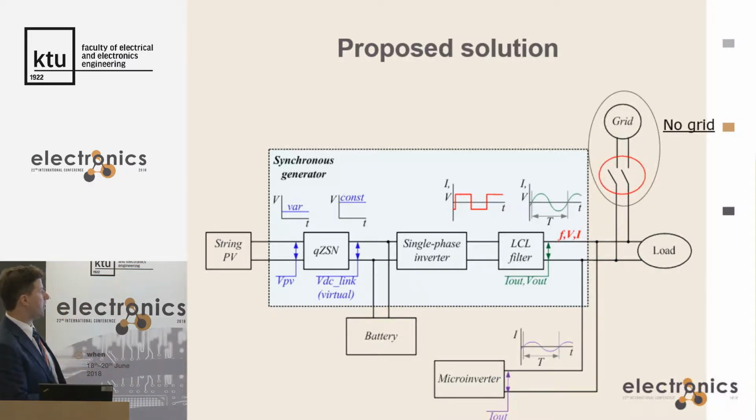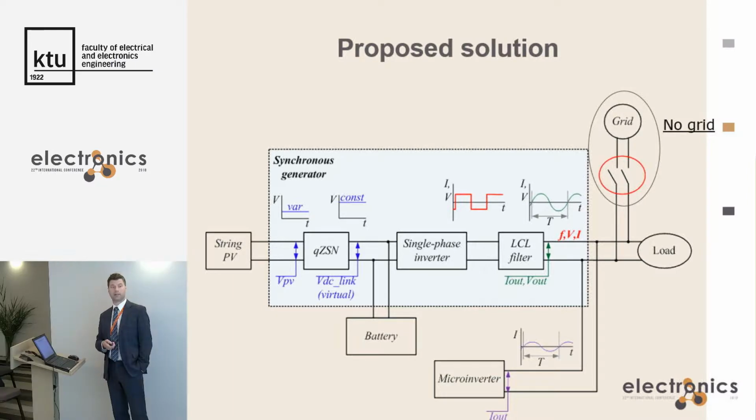If the grid or the synchronous generator in the grid fails, there is no element which can control voltage or frequency. Our proposal is to make a virtual synchronous generator, which consists of a quasi-Z source network, single phase inverter, and filter. Also in the same system are microinverters and a primary energy source like a PV panel.